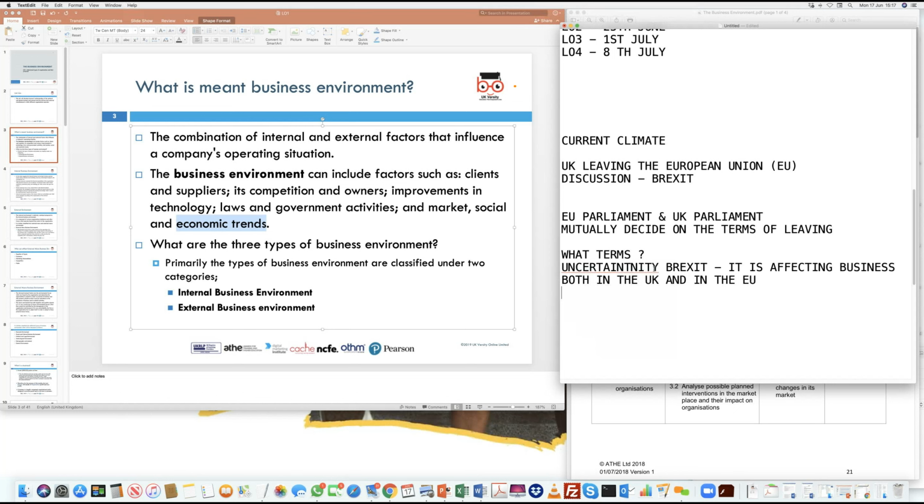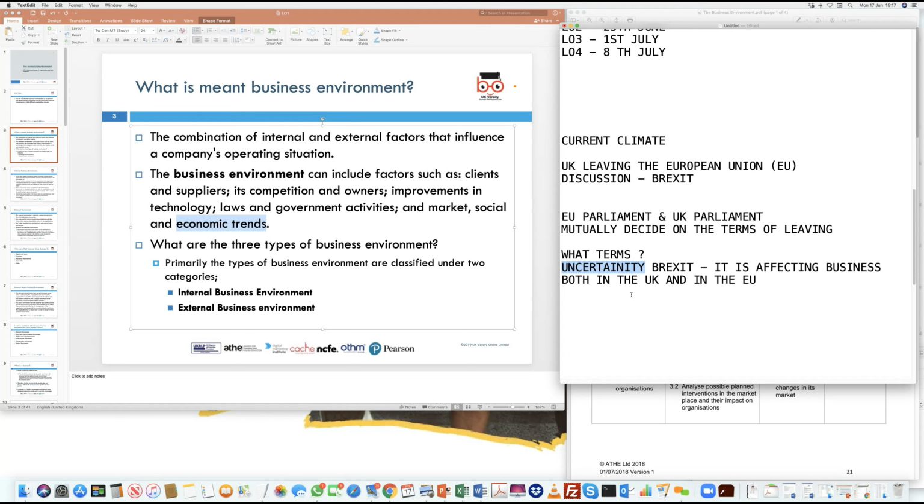Because of the non-decision, it is affecting businesses on both sides. Now, when you look at uncertainty, this uncertainty can arise from internal factors or external factors.